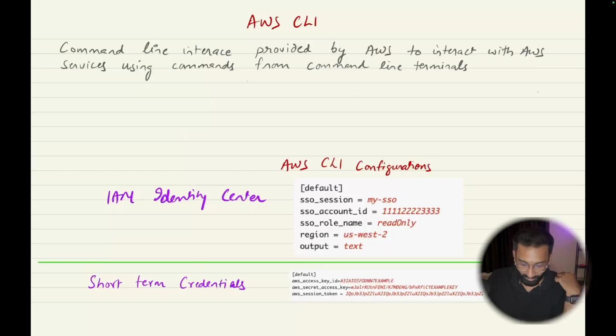The other type is short-term credentials. Short-term credentials are specific for a given time period, one day or a few hours. Usually the companies or organizations providing you access to the AWS environment, or a specific environment, would be using some service that would generate this for you.